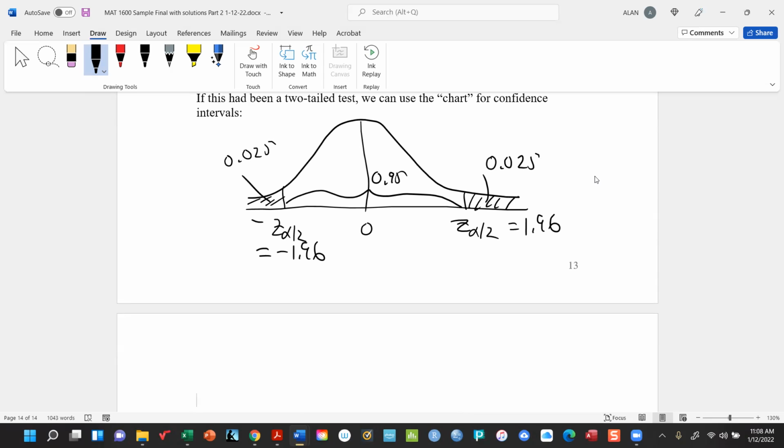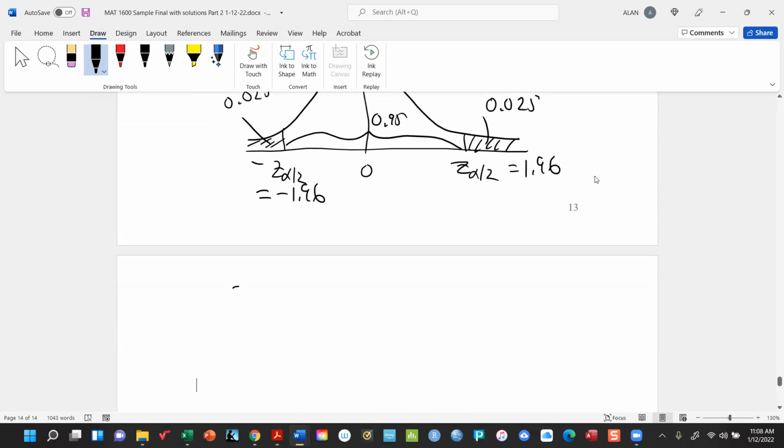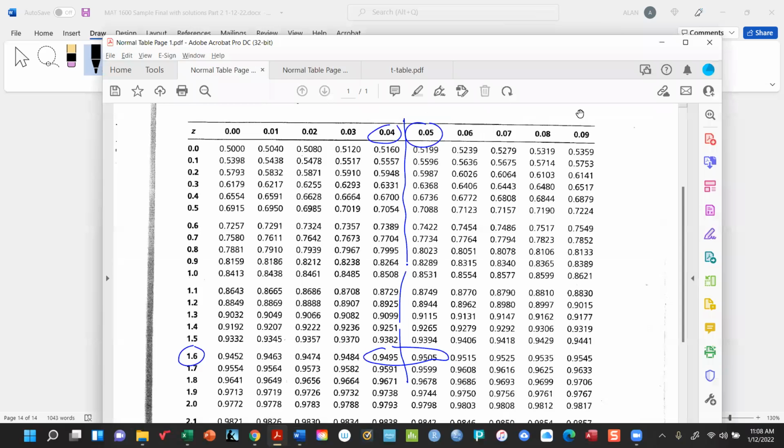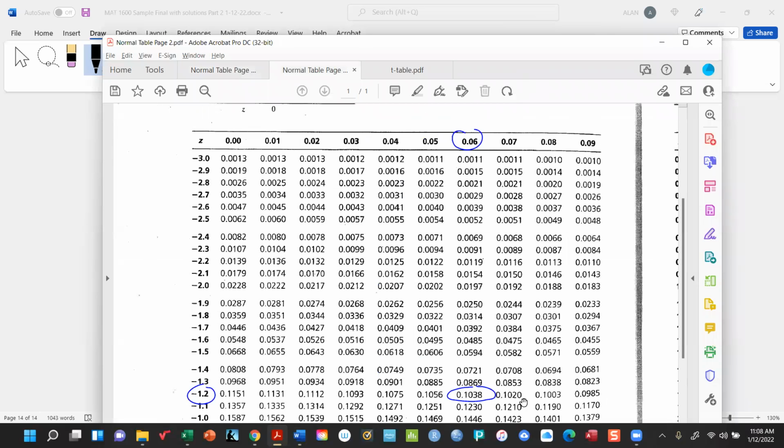Now, if you don't remember that, what you could do is look for 0.025 in the body of the table for negative Z alpha over 2. Okay, so let's do that. We'll go to the negative table. 0.025 is right there.